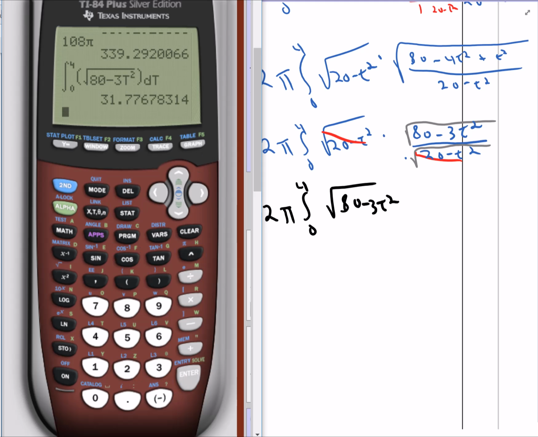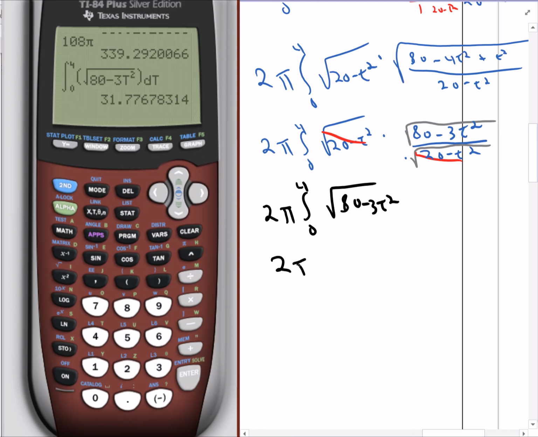And so we're going to get 2 pi times 31.7768, which turns out to be about 199.656595.